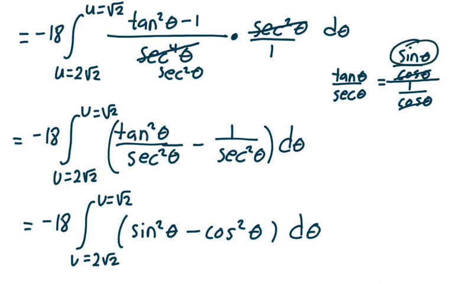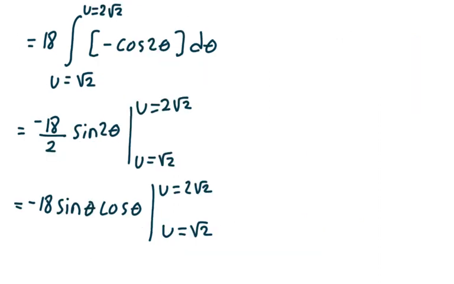So I'm going to get negative 18 times the integral from u equals 2 root 2 to u equals root 2 of sine squared theta minus cosine squared theta d theta. If I switch the limits, I change the sign to a positive. So this is 18 times the integral from u equals root 2 to u equals 2 root 2 of negative cosine 2 theta d theta.